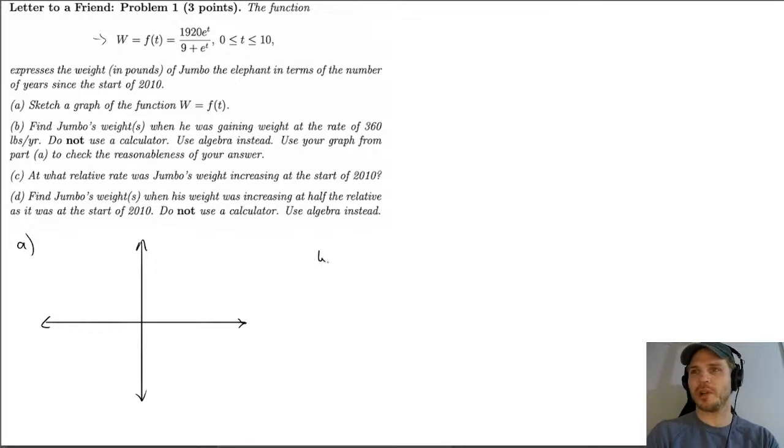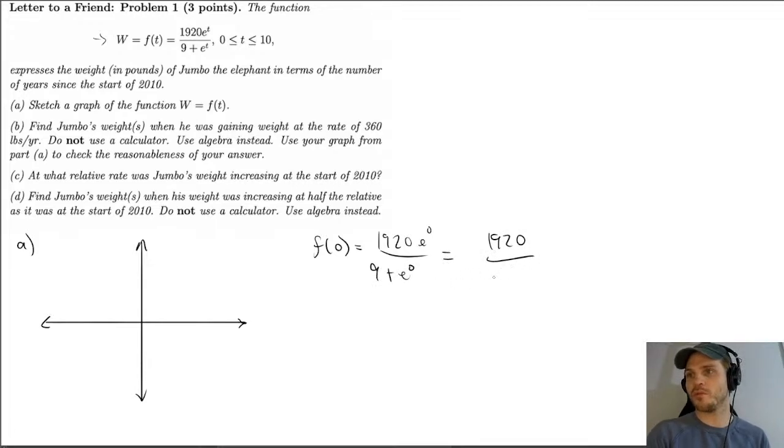So let's think about some points that we can calculate. F of 0, which is the y-intercept, would be 1920 e to the 0 over 9 plus e to the 0, which is 1920 over 9 plus 1, which is 192.